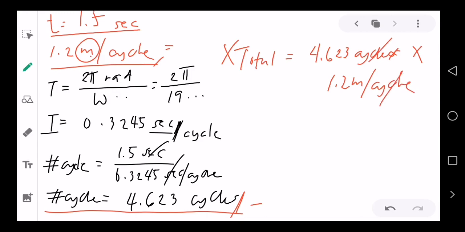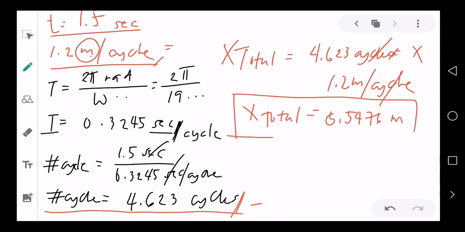Cancel. Meron tayong X total na 5.5476 meters. Okay?